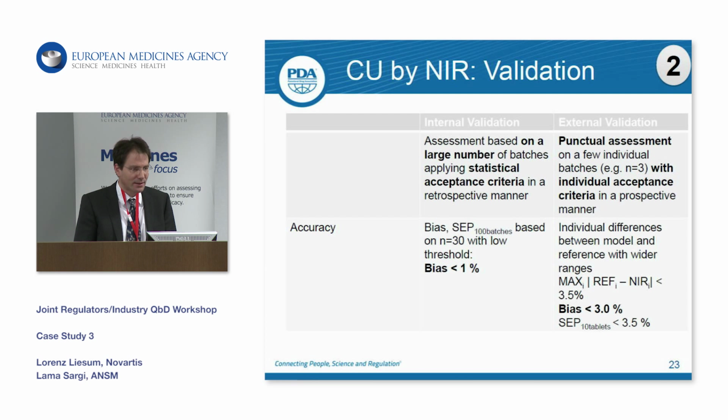In contrast, for the external validation, we look at 3 individual batches and assess these individual batches by individual acceptance criteria. Therefore, the bias, which is the difference between the reference and the NIR, is much lower in the internal validation statistical assessment than for the individual assessment, where due to the distribution, this difference can be quite high.